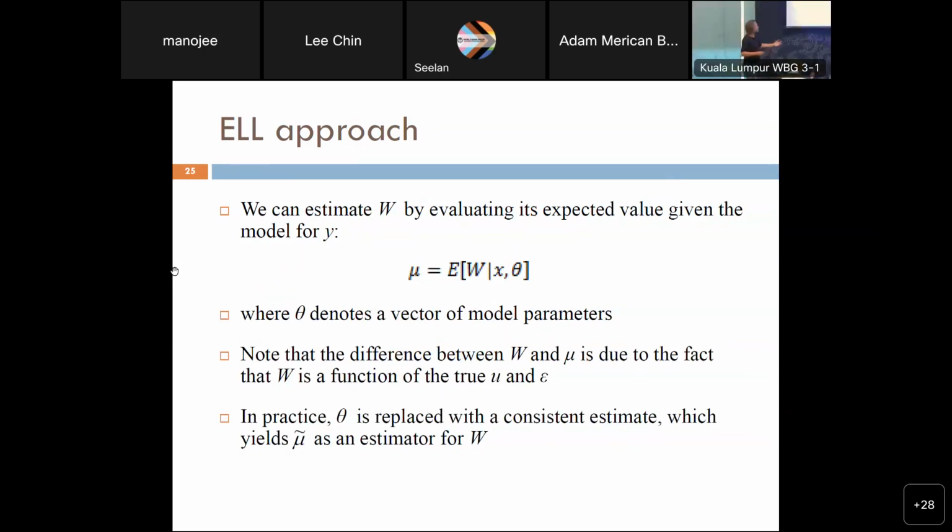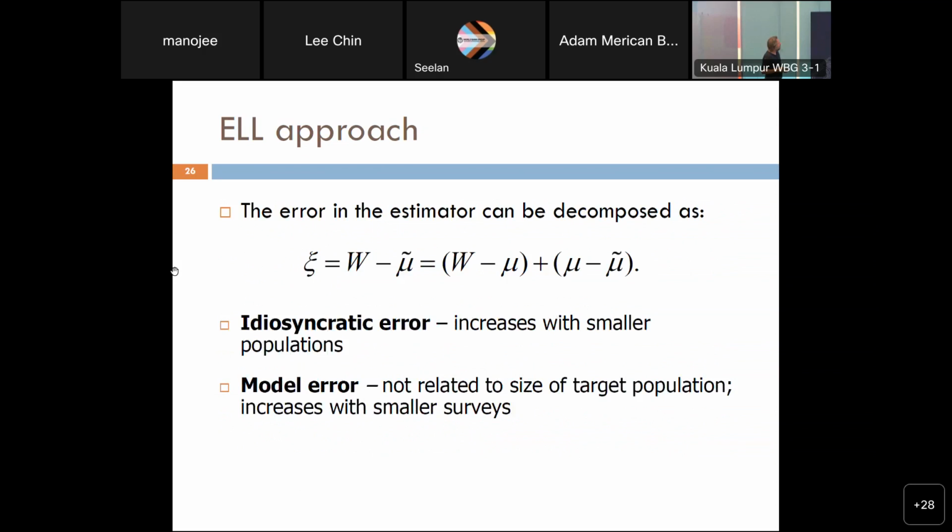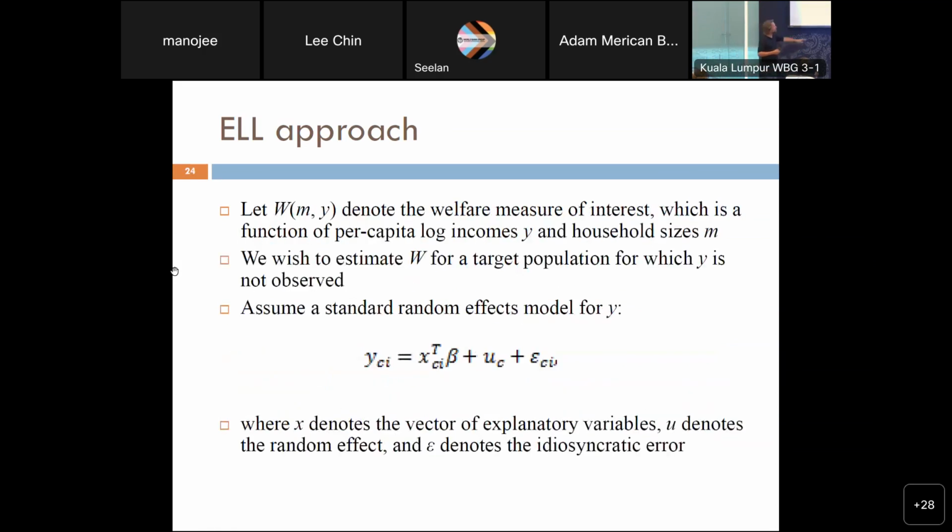Okay, so we're interested in working out the expected value of, say, headcount poverty, conditional on these predictors of household welfare X and knowing the model parameters. There are two sources of error, roughly speaking. It is the fact that we have these error terms.